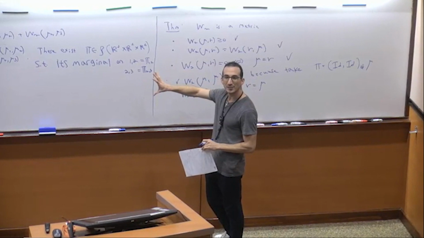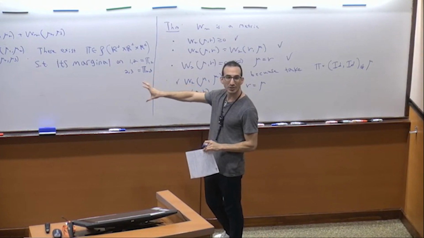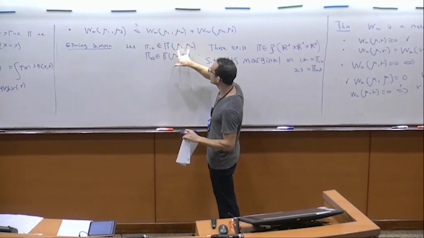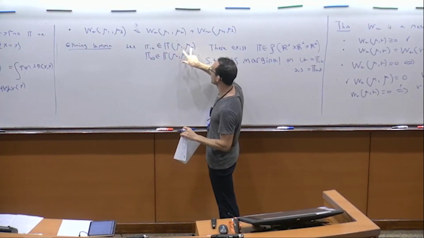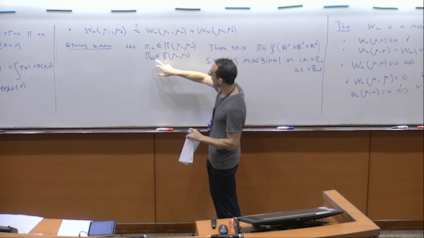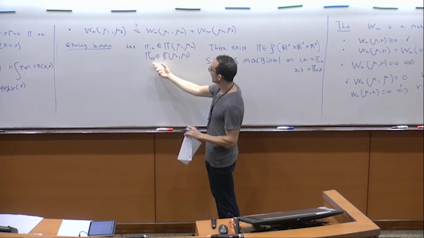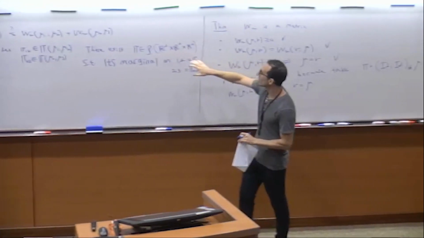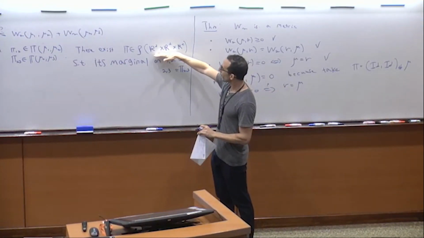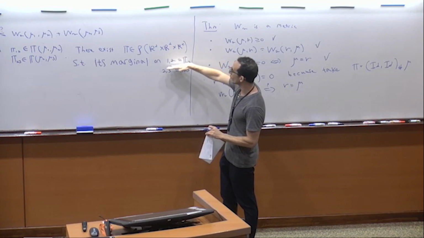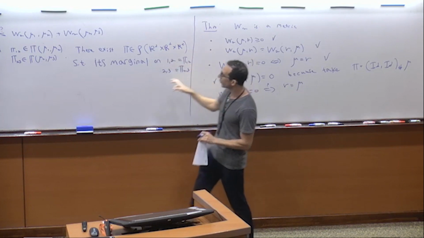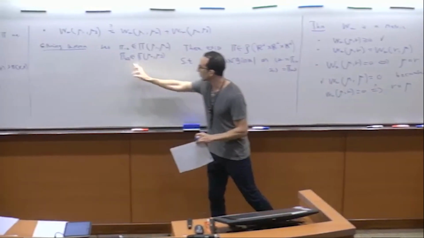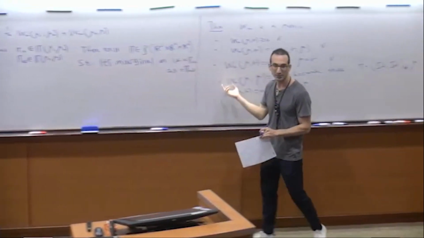This is just a general statement about constructing probability measures. So you start with a joint law whose marginals are mu1 and mu2, and you have another joint law whose marginals are mu2 and mu3, and then you construct a probability measure on 3 variables such that if you look at only the first 2, you get exactly pi 1, 2, and if you look at the last 2, meaning 2 and 3, you get pi 2, 3.